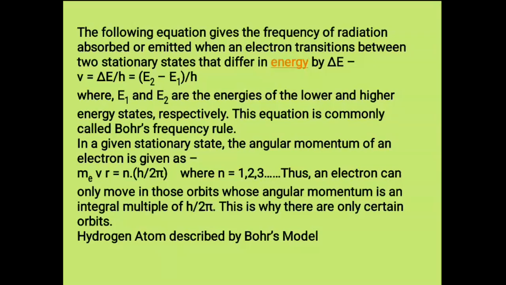What is E1 and what is E2? E1 is the energy of the lower energy state and E2 is the energy of the higher energy state. This equation is called Bohr's frequency rule.